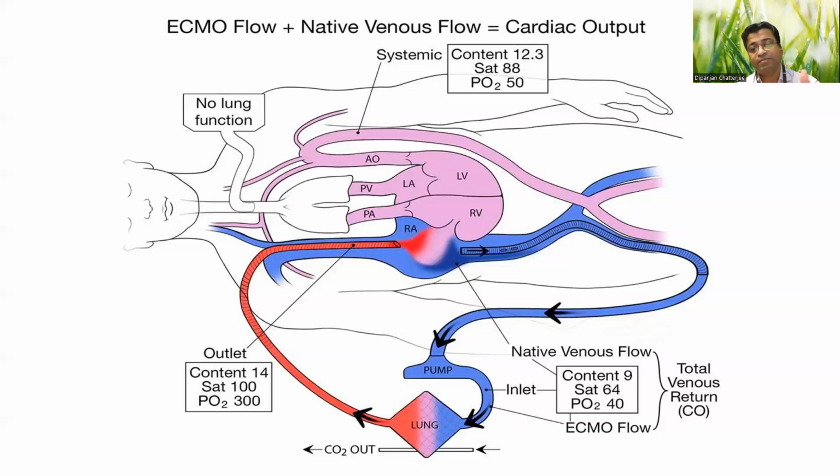Suppose the patient develops fever or sepsis, and the cardiac output goes up. We have still kept the ECMO circuit flow at 4 liters, and the cardiac output has gone up to 10 liters. So the admixture will be 4 liters of oxygenated blood along with 6 liters of venous blood. So the net oxygen content in this blood will come down.